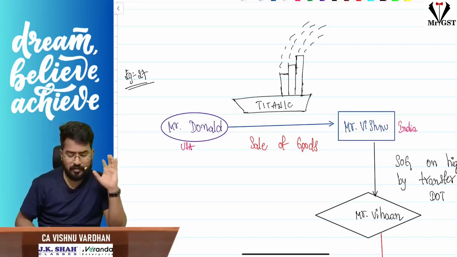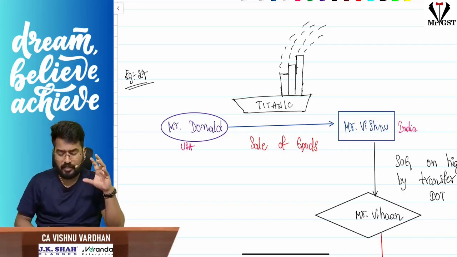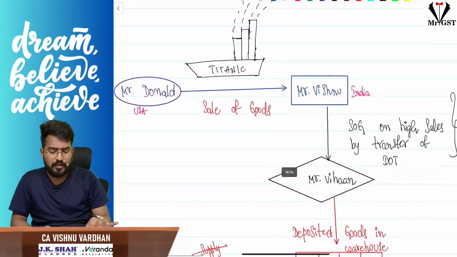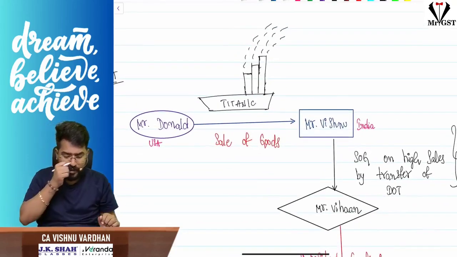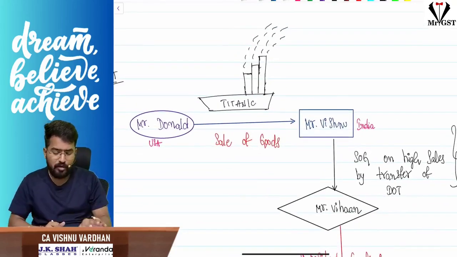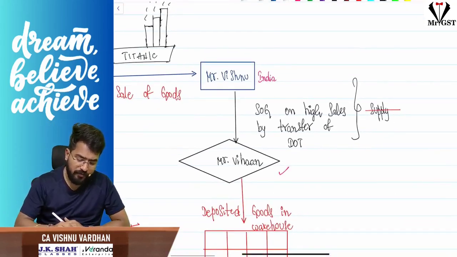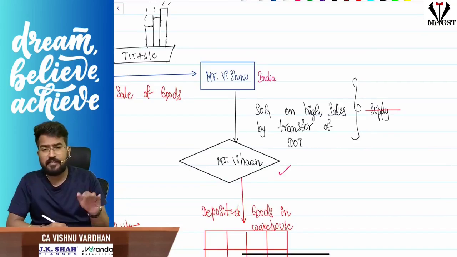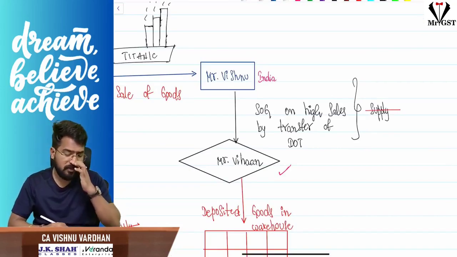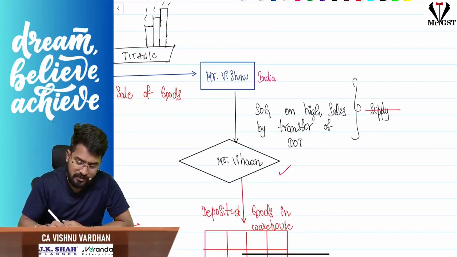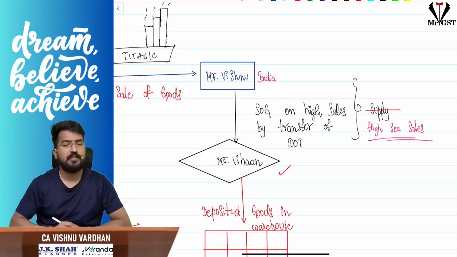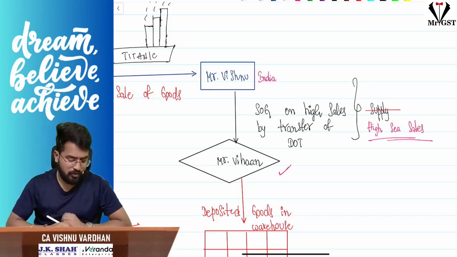So the goods are coming, and while the goods are coming, what did Vishnu do? Vishnu has the document of title over those goods, and that document of title Vishnu is transferring to Mr. Vihan. So this is neither supply of goods nor supply of services. We call it what? This is nothing but high sea sales. So this is neither supply of goods nor supply of services.